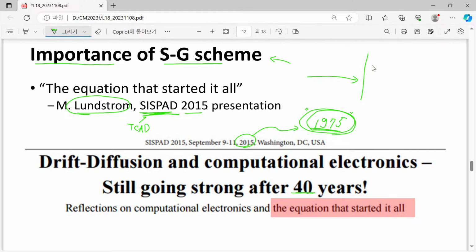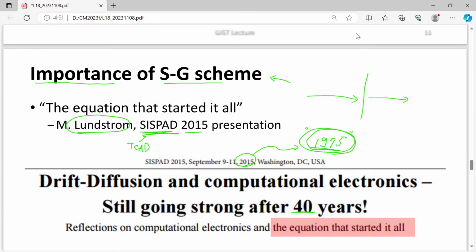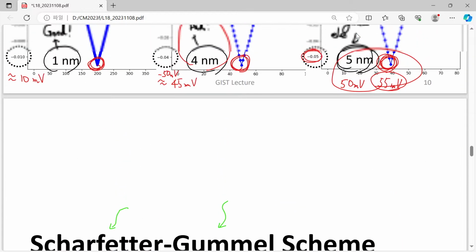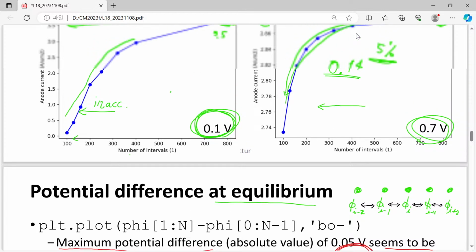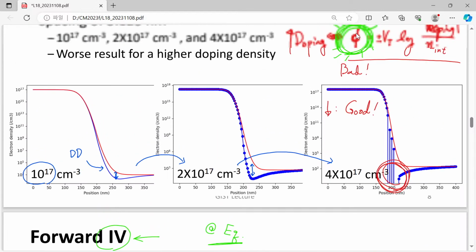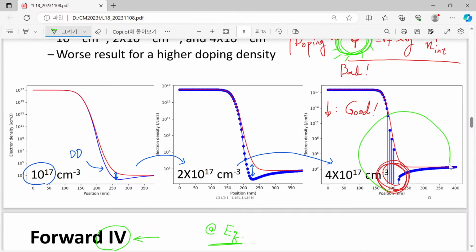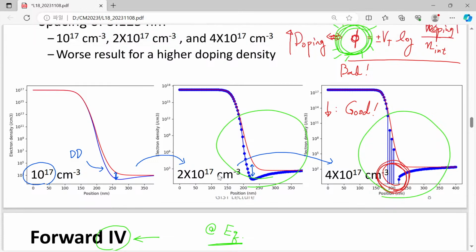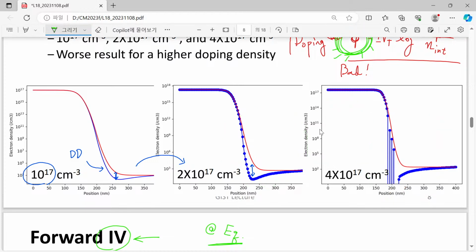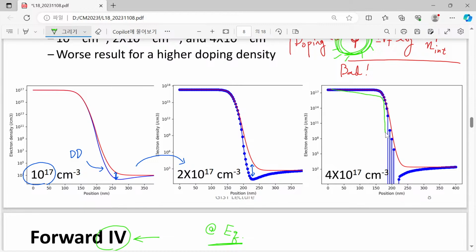Only after the Scharfetter-Gummel scheme came in, everything has changed quite a lot. Simply speaking, previously your solution was only like this or like that. And by introducing the Scharfetter-Gummel scheme, even with this bad condition, now you can get a good solution.